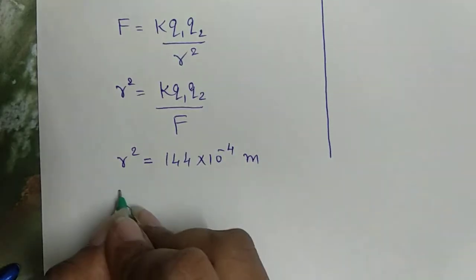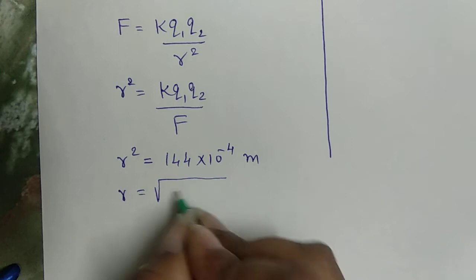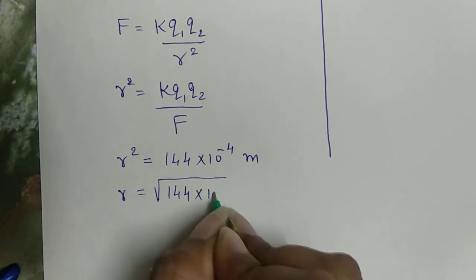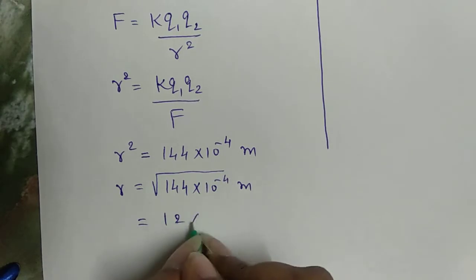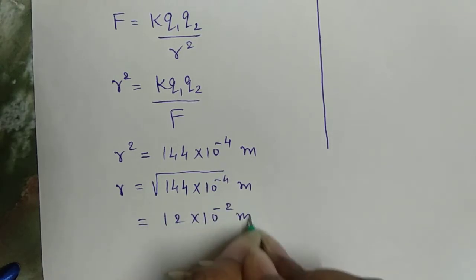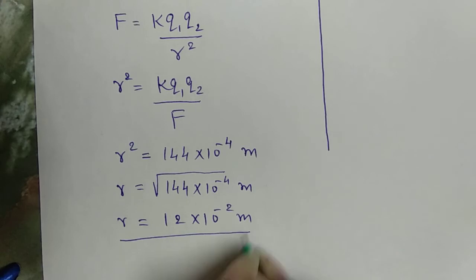Now we want R, so we'll take the under root of this value, and this will give us the distance. So this is our answer.